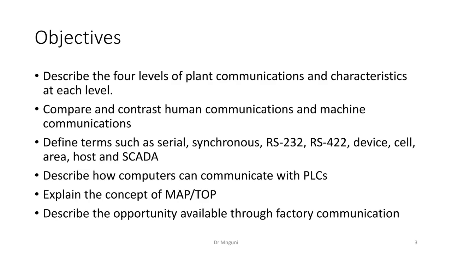So in this chapter, we will look at how all this data is collected and how this data can contribute to the productiveness of the enterprise. The first thing that's going to help us is that we'll describe the 4 levels of plant communication and their characteristics at each level. That's the first thing that we're going to look at.